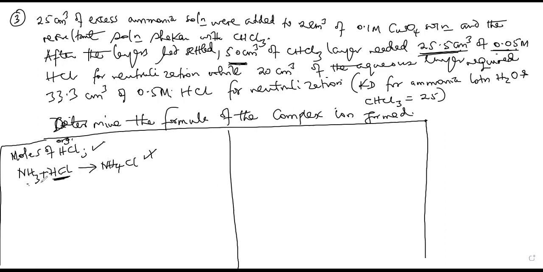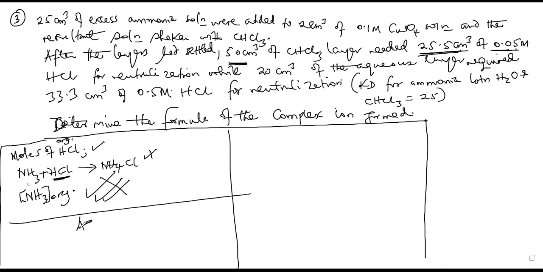After getting moles of ammonia, 50 cubic centimeters of trichloromethane contain those moles of ammonia. What about 1,000? That will give you the concentration of ammonia in the organic layer. After getting that, now you can move to the aqueous layer.